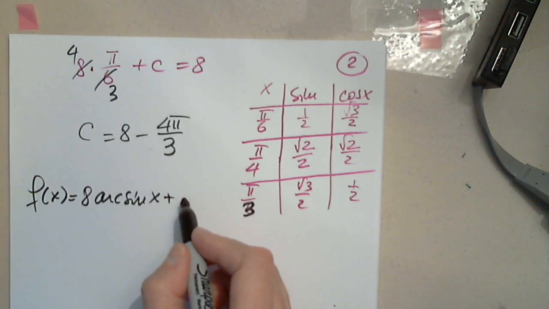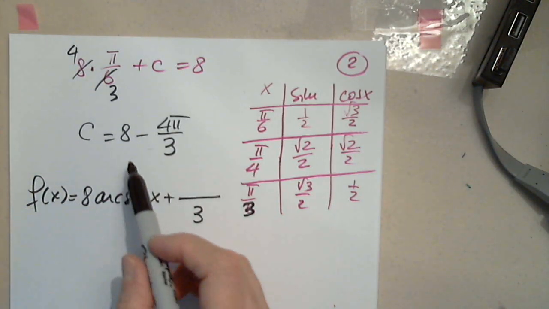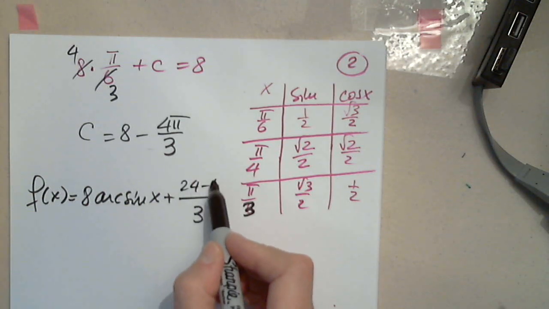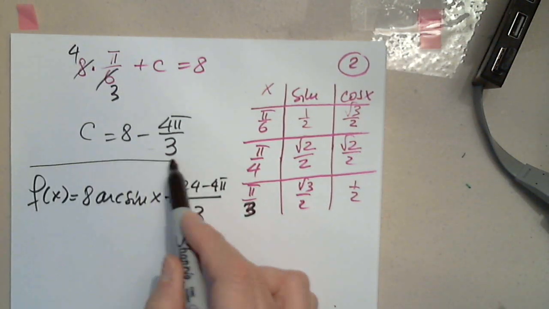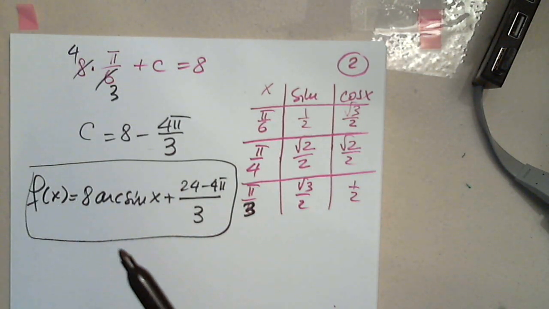If you want to write it as one fraction, which I would recommend, it's 24 minus 4 pi. Very good. Next question.